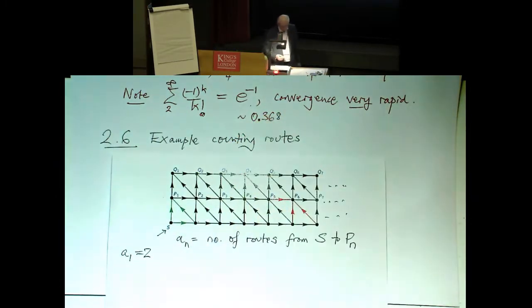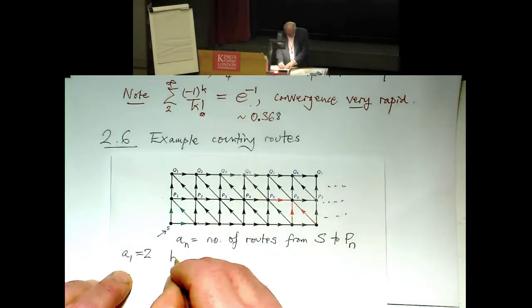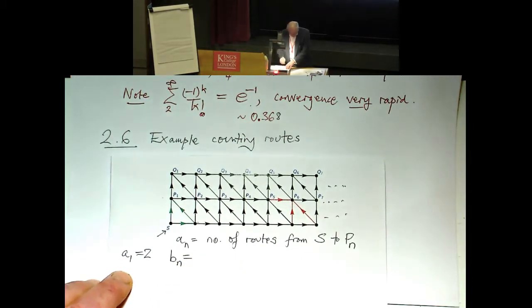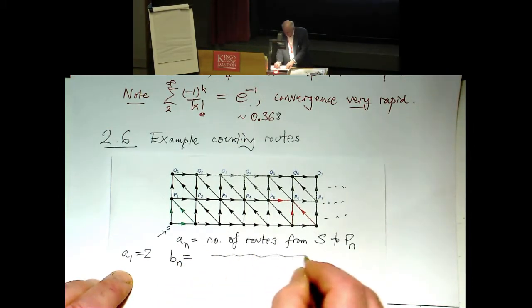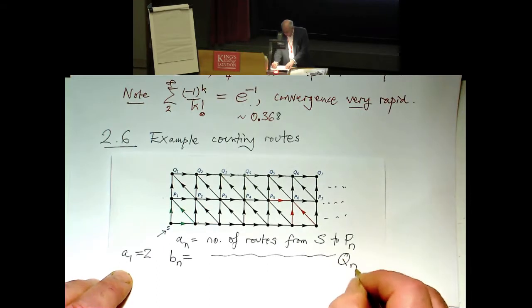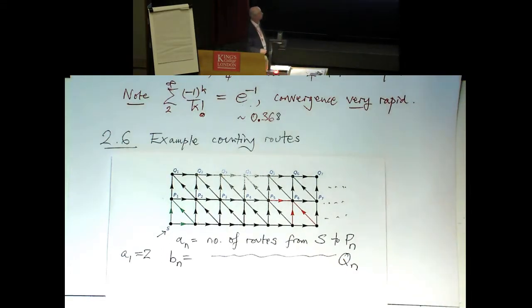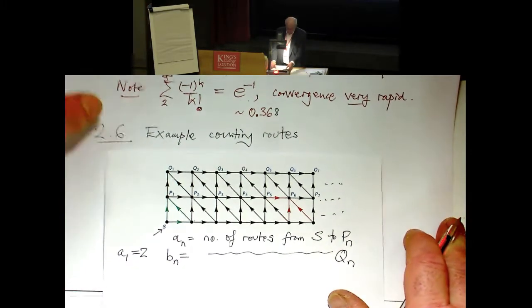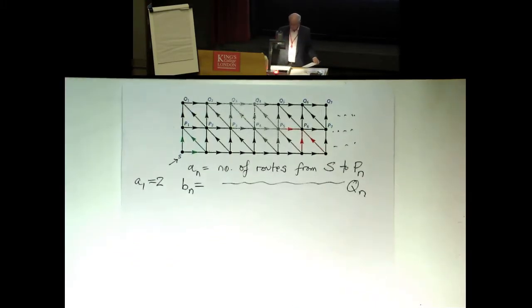So it's just 2. And later on, I probably won't get to Bn, but I'll give you the result. Bn is the same number to points on the top row. Okay, so that's the setup. And we want to find a formula for AN and Bn.